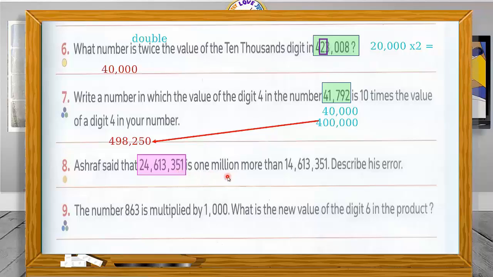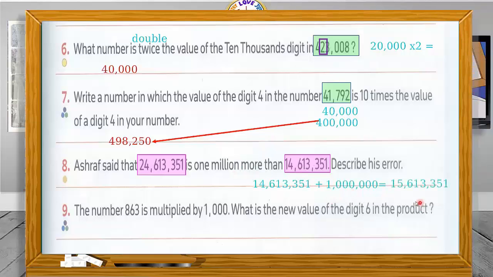Ashraf said that 24,613,351 is 1 million more than 14,613,351. The first two periods are the same, but here we have 2 in the 10 millions place and here we have 1 in the 10 millions place. Please describe his error. He said 1 million more than 14 million. If you add 14 million plus 1 million, we get 15 million, not 24 million. Why?